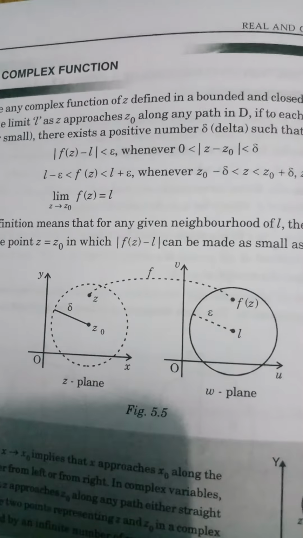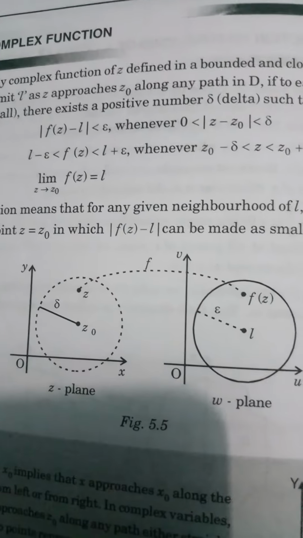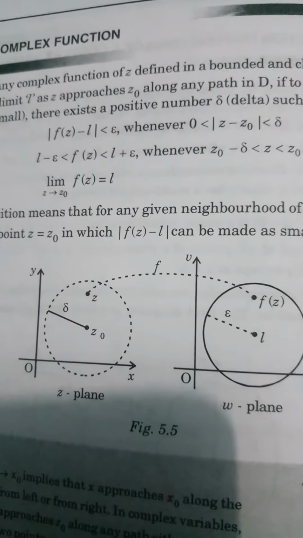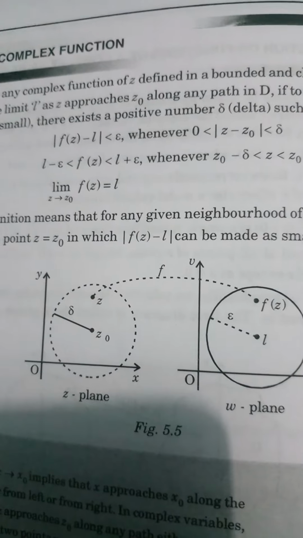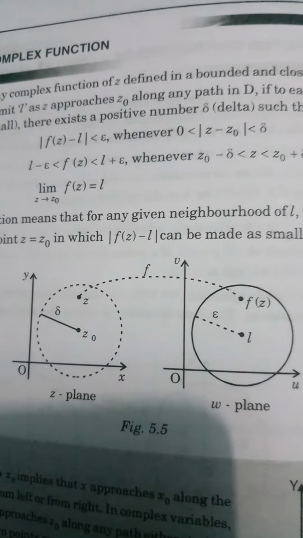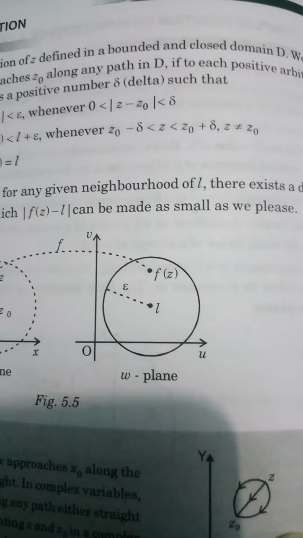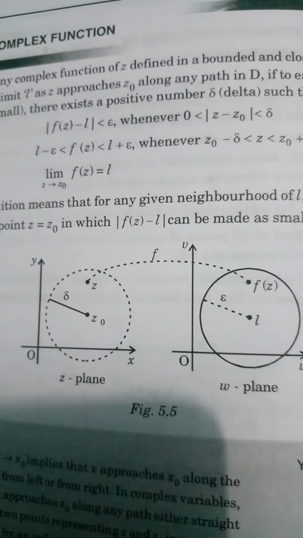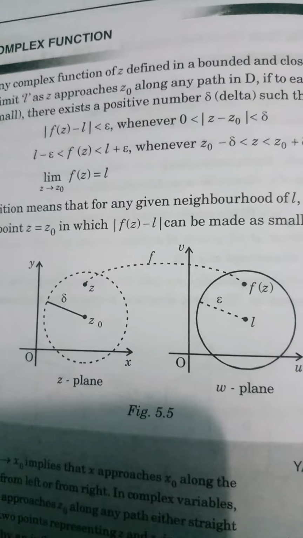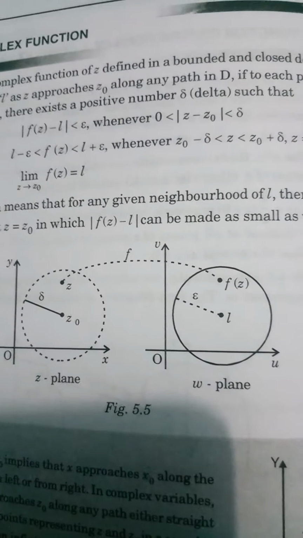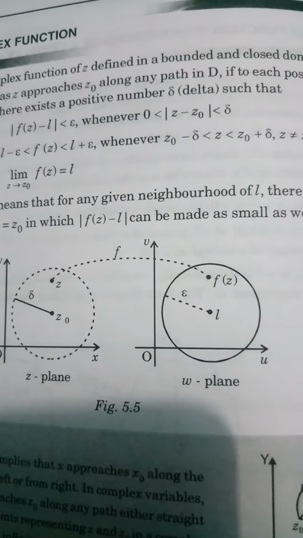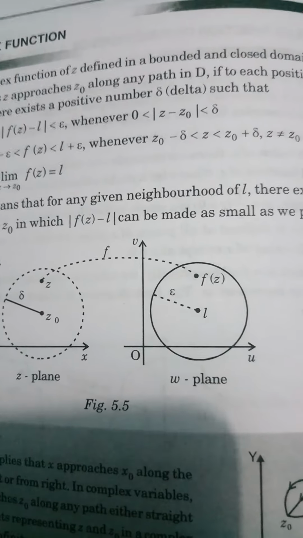This is the z plane and this is z naught, x axis, y axis, and this is point z. This is the w plane. Point z corresponds to f(z) and this is L. f(z) in the w plane approaches L.